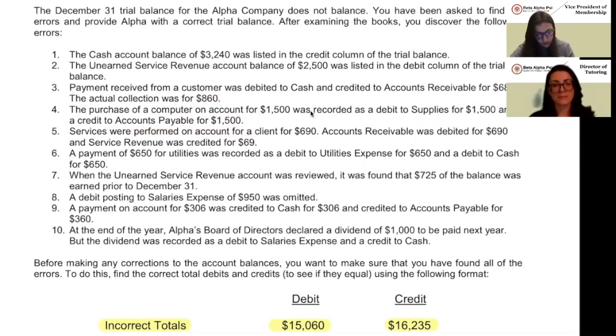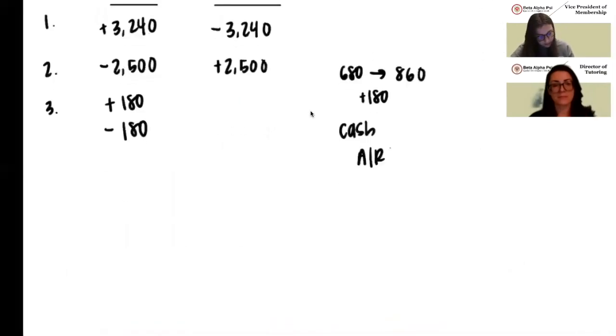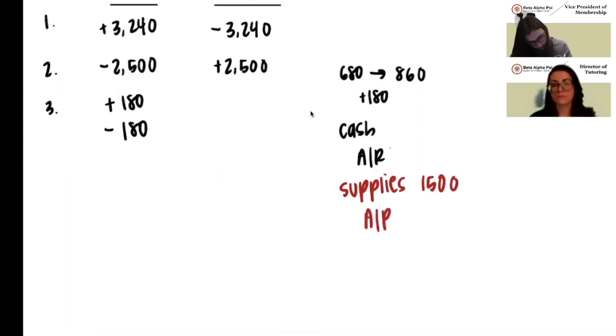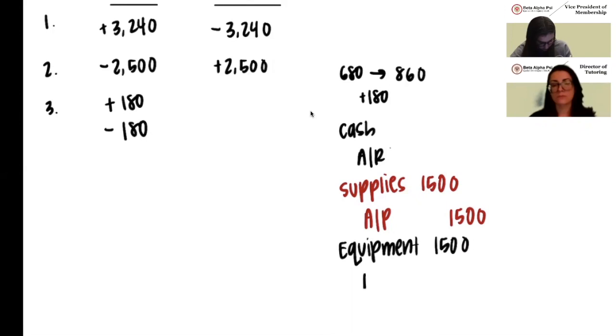So if we look at the journal entries, we'll put the wrong entry in red and we'll put the correct one in black. So they did a debit to supplies for $1,500 and a credit to AP for $1,500 when it should have been a debit to equipment for $1,500 and a credit to AP for $1,500.